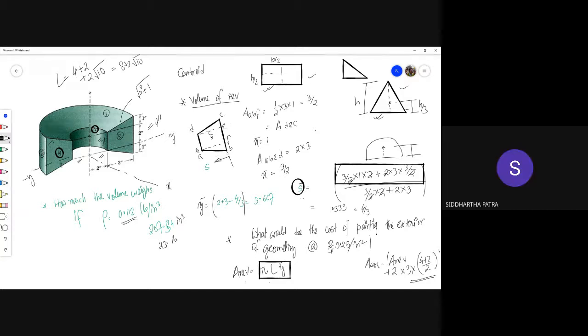Okay. So where would be the centroid of that straight line? Did you use Pappus theorem or not? No, sir, actually I integrated by using differential regions.